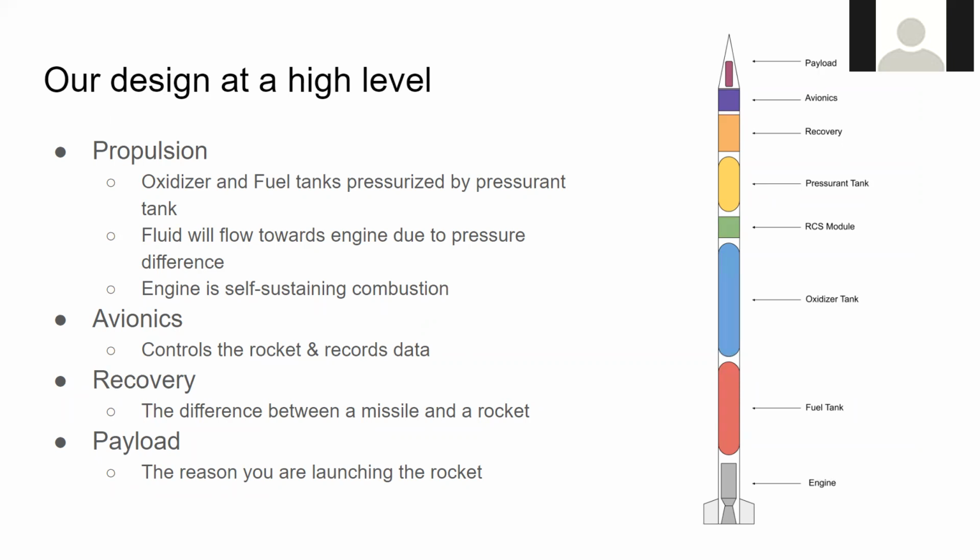And then we have our engine. And so using this high level form factor, we can start to iron out what our actual design is going to look like in terms of rocket diameter, rocket length, what kind of thrust we're looking at, what kind of total rocket mass we're looking at, how long it's going to burn for, all that kind of stuff.